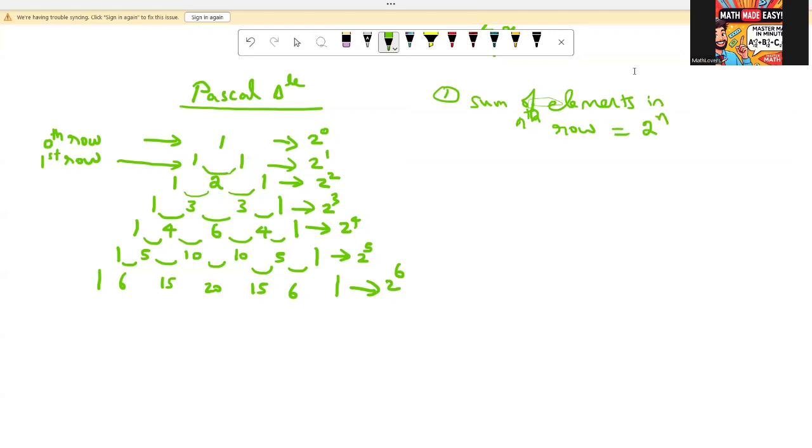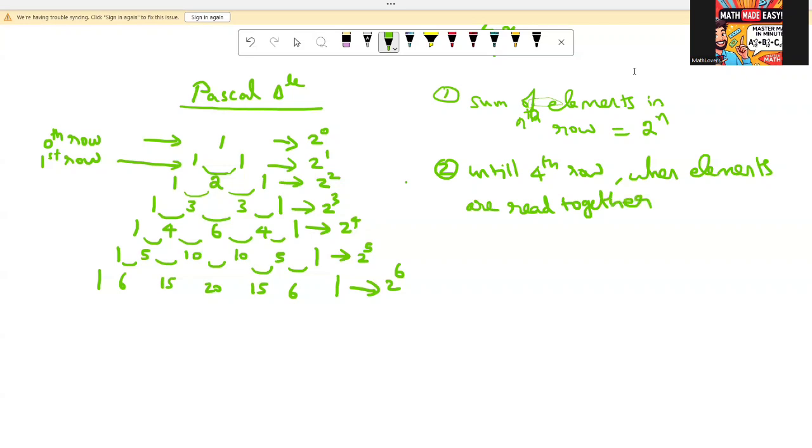Until the fourth row, you can identify they look like powers of 11. That's the second observation we can make from this Pascal triangle. Until the fourth row, when elements are read together, they look like powers of 11.